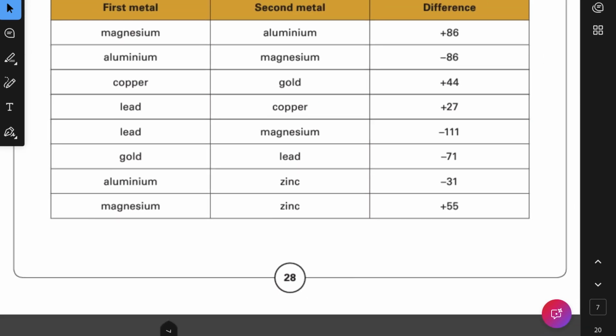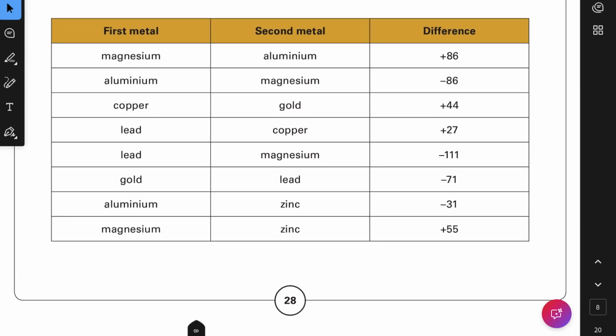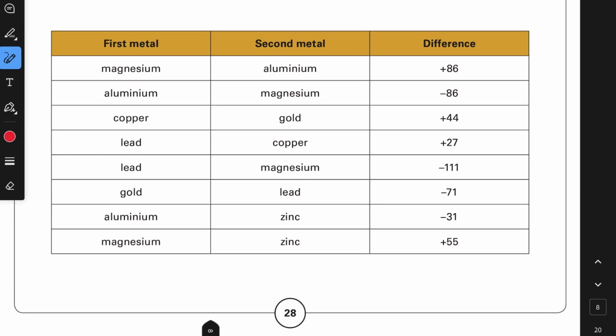So let us first find out the order of reactivity for better understanding. When you compare magnesium and aluminium, magnesium is more reactive than aluminium. When you compare aluminium and zinc, aluminium is less reactive than zinc because it's negative. And magnesium is more reactive than zinc.